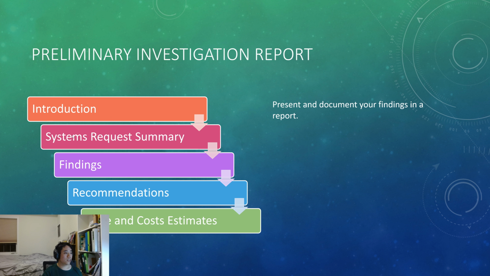It includes an introduction, the requested systems summary, a summarized version of what your system is supposed to do, what you found about the different things related to the system, what you recommend, and also the estimated time frame and costs.